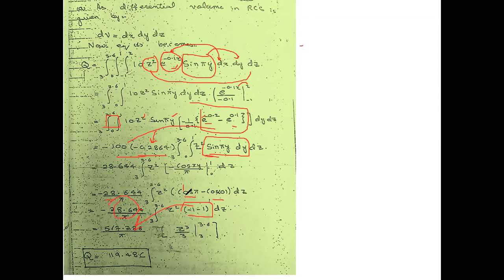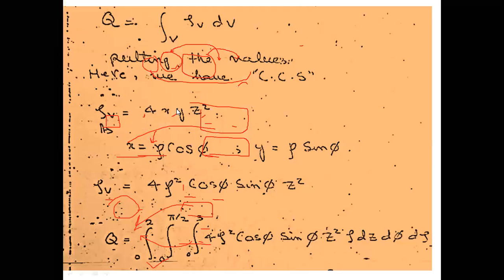Now at the last, we have to solve the integration for the z. The integration of z square is z cube over 3, replacing the values 3.6 and 3, and after solving this and merging with these outside values, we finally get 119.48. So it's quite easy, integration for the respective variables.